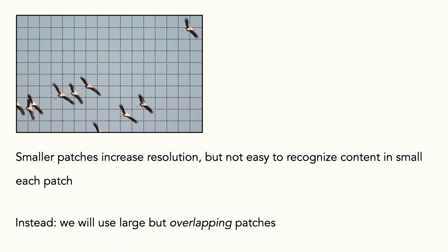That's the very high-level intuition behind all of this: you want to look around the pixel you're predicting at when you make a prediction, but you also want to do this in a dense way.